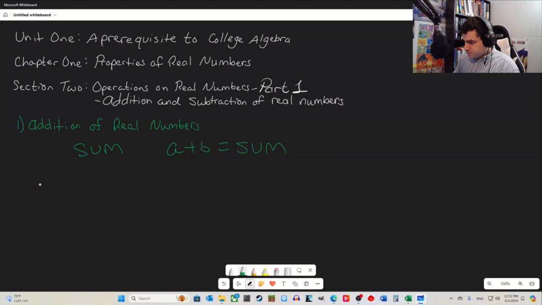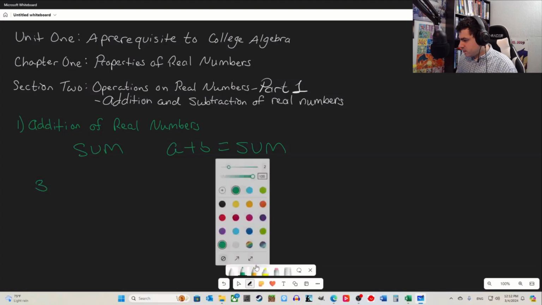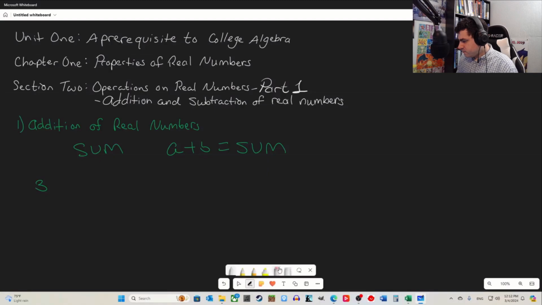So we have two numbers here. Let's go with 3. Let's get a different marker. I like yellow. Say we have 3 plus 2. Super easy, right? We have two positive numbers. How do we know this 3 is positive? Because there was no sign in front of it.